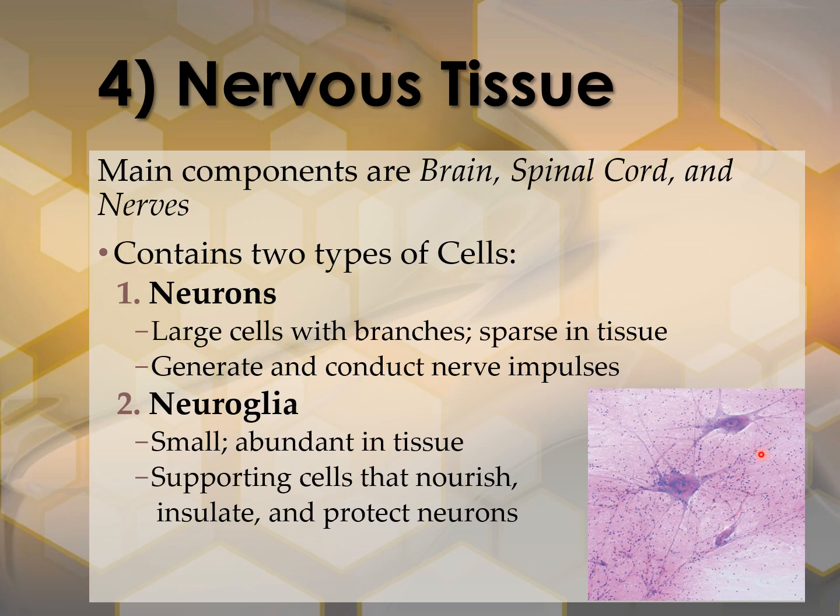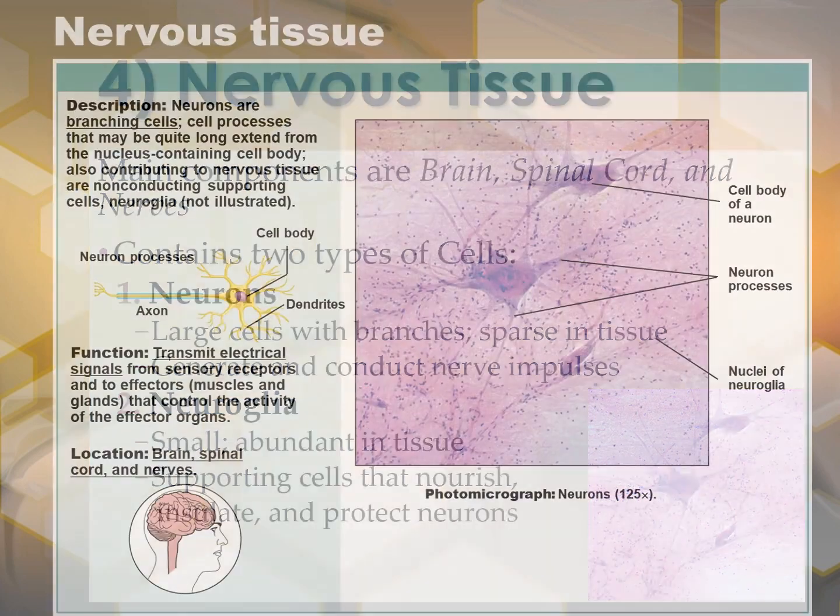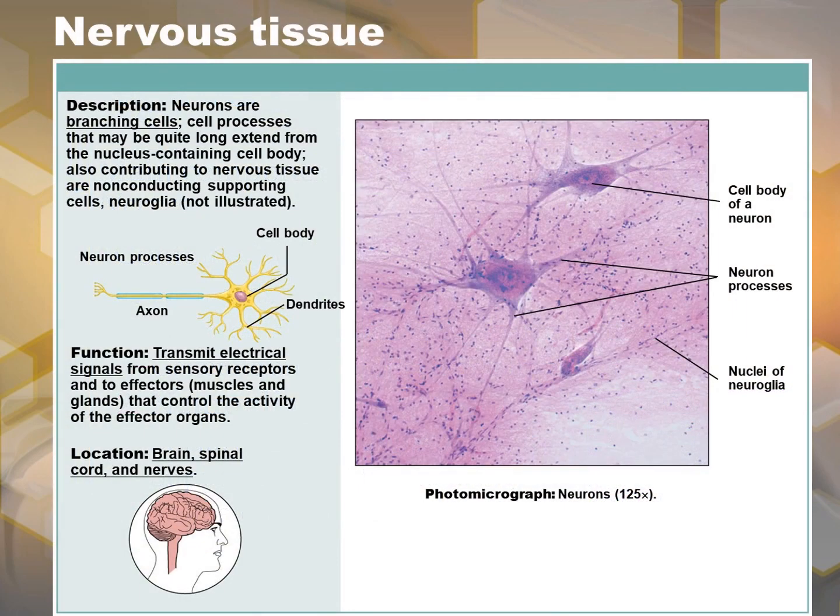So the neurons are very special, obviously very specialized cells, and you're born with the number of neurons you'll have for the rest of your life. So the neuroglia are kind of like the babysitter cells to try to keep those neurons living for your entire life. Okay, because once you lose a neuron, it's not coming back.